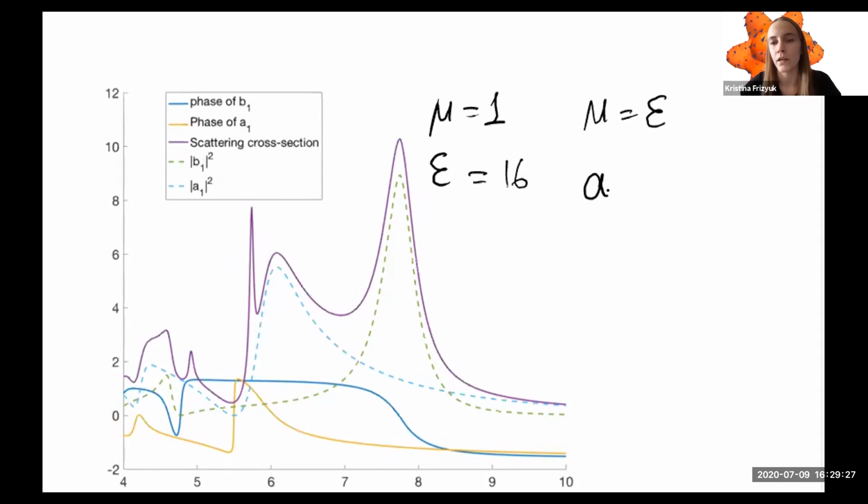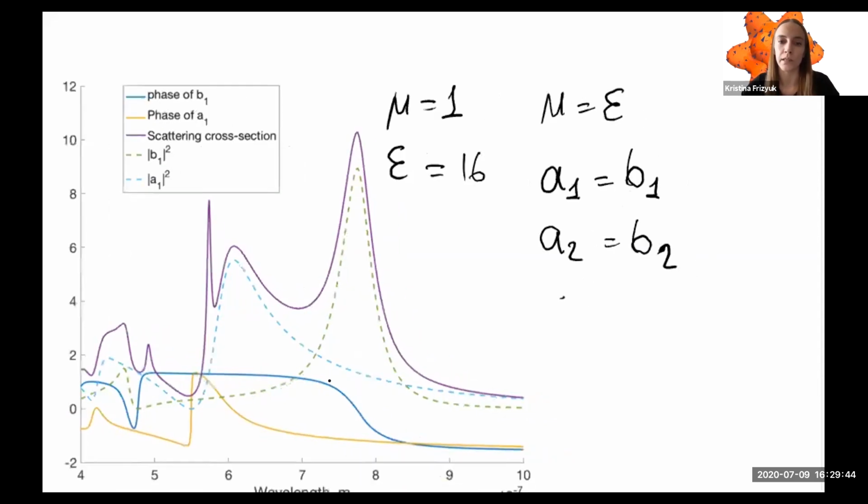So A1 equals B1 in absolute value and in phase also. And A2 equals B2 and so on. So we will have not always similar absolute value, but always similar phase.